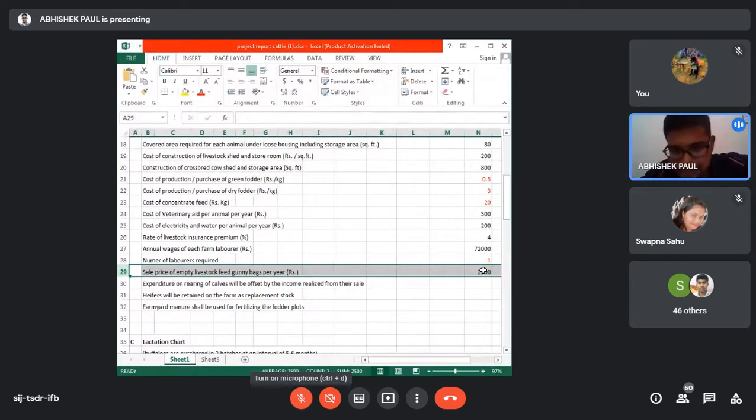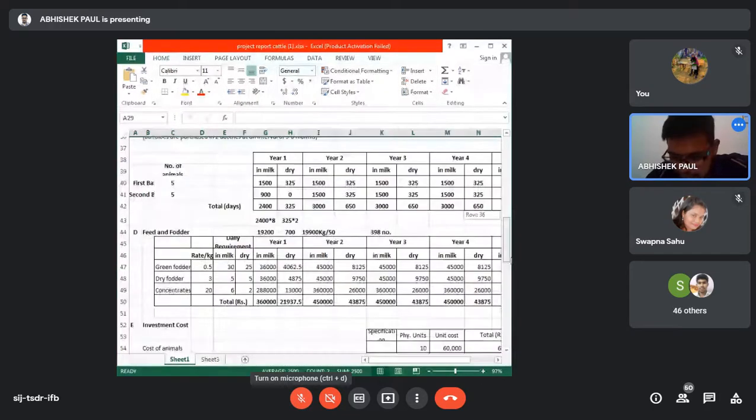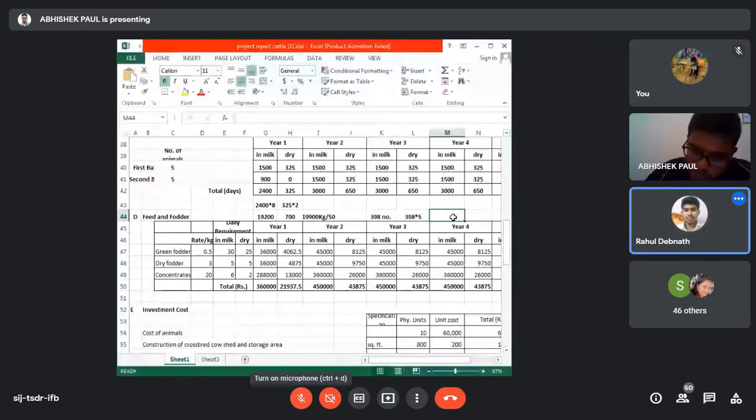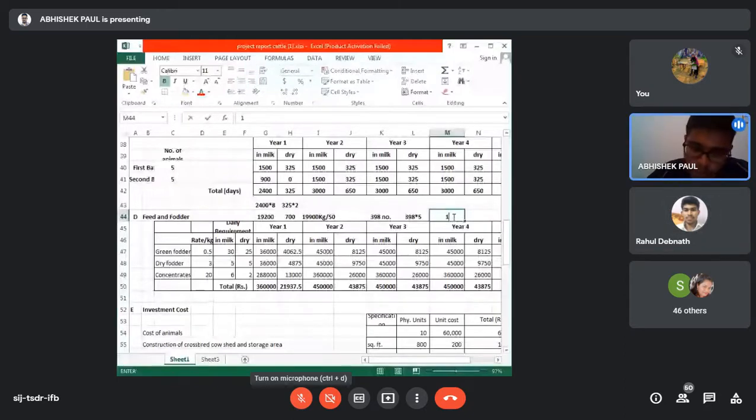Then 398 into 5, how much money will you get? 1,990. So you will get 1,990 rupees by selling the gunny bags from the farm.